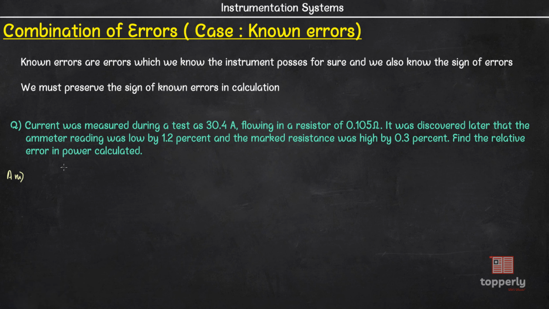So, it is specified that the ammeter reading was low by 1.2%. Therefore, percentage delta I by I is equal to minus 1.2 percent. And similarly, percentage delta R by R is equal to plus 0.3 percent.